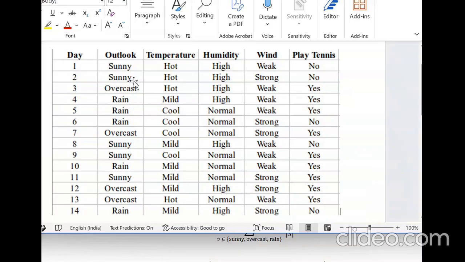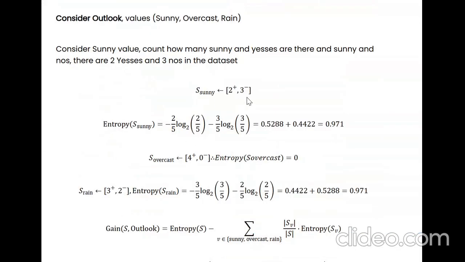Sunny and no, sunny and no, sunny and no, sunny and yes, sunny and yes. So there are 2 yeses and 3 no's. Therefore, entropy of S sunny is minus 2 by 5 log of 2 by 5 to the base 2, minus 3 by 5 log of 3 by 5 to the base 2. Why 5? Because there are 5 instances of sunny, out of which 2 give yes and 3 give no. Calculating this, it comes out to 0.971.